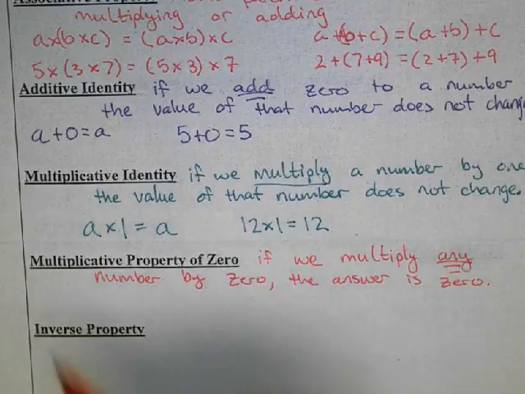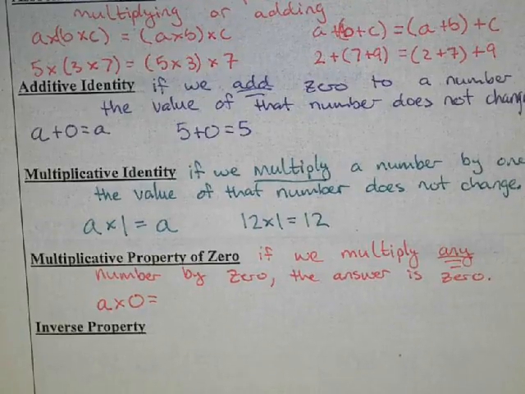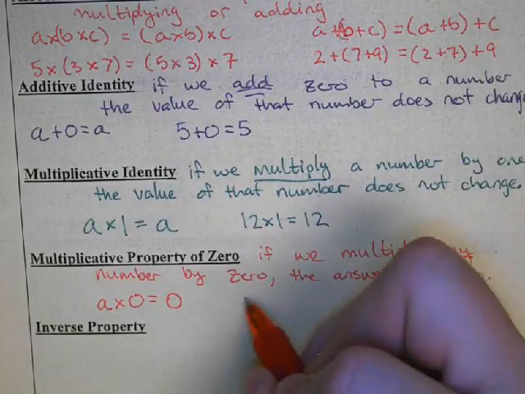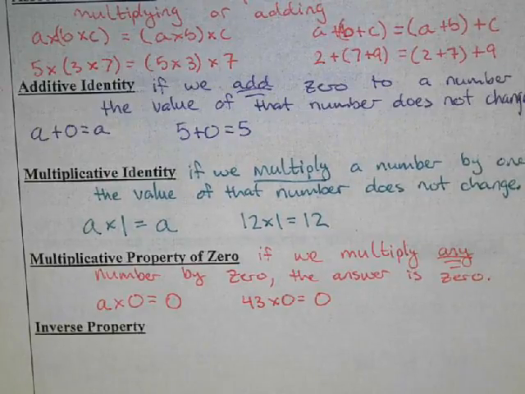So we could show this with a letter. If I had a times 0, anything times 0 will be 0. So if we have an example using a number, we would say 43 times 0 equals 0. Doesn't matter what the number is, it will always equal 0.